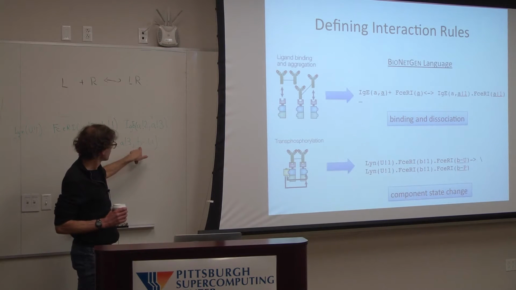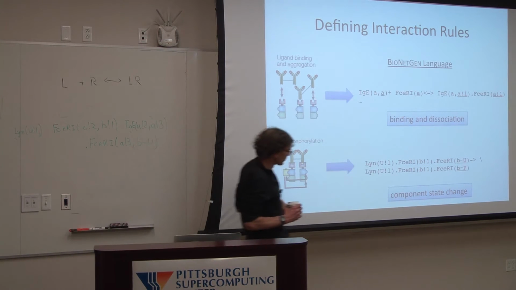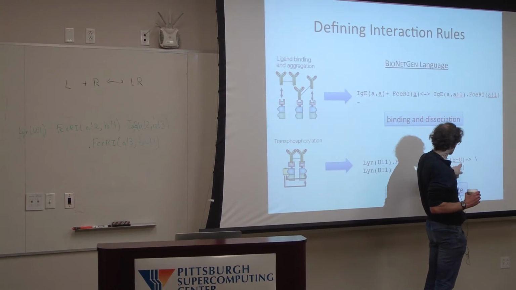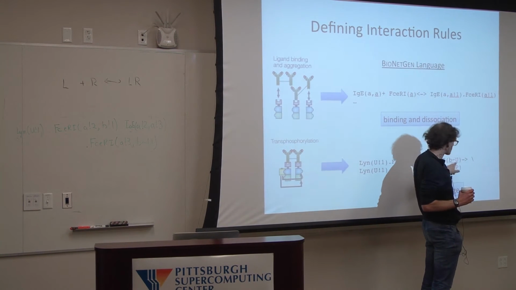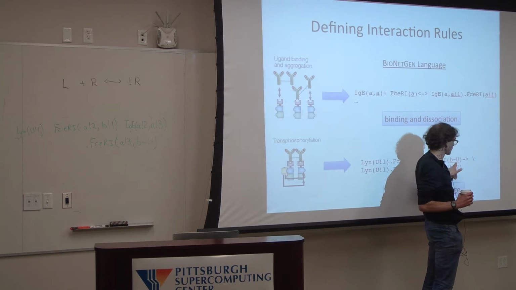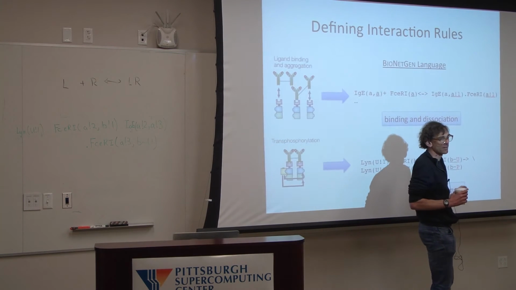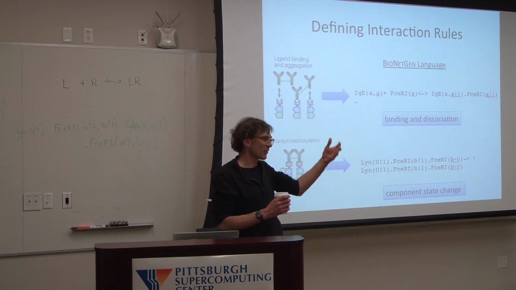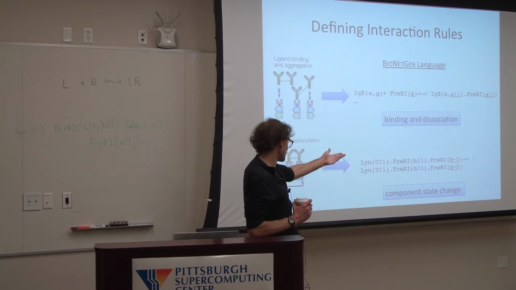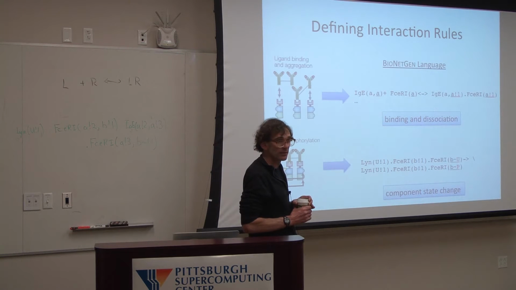So here, in this reaction rule, this phosphorylation occurs only if the substrate beta subunit is unbound. If something had come along and bound to this, like another Lyn molecule, this doesn't take place, right? So there's an inhibition, there's a physical blocking of the kinase mechanism when that state is bound to something.